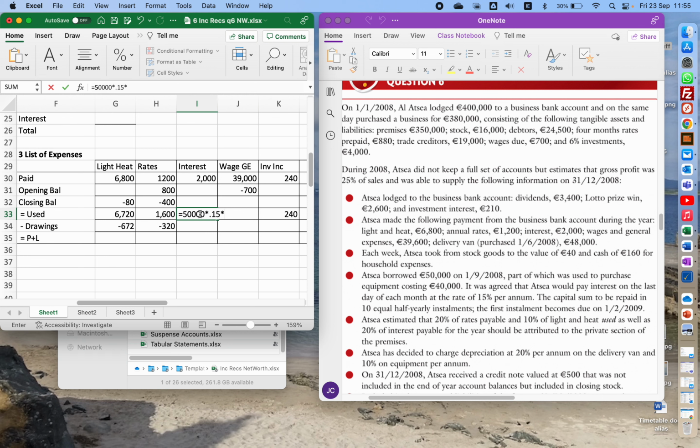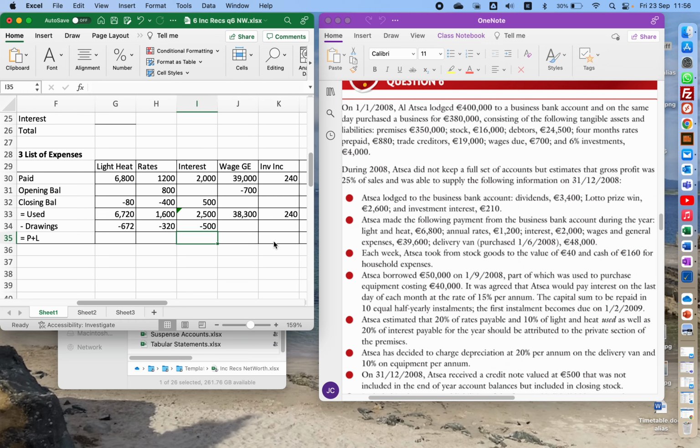I got it on the 1st of the 9th, so that means I would have had it for 4/12 of the year. So 2,500. So that's the amount that we used. So there's 500 interest due. So the 20% of the interest payable.